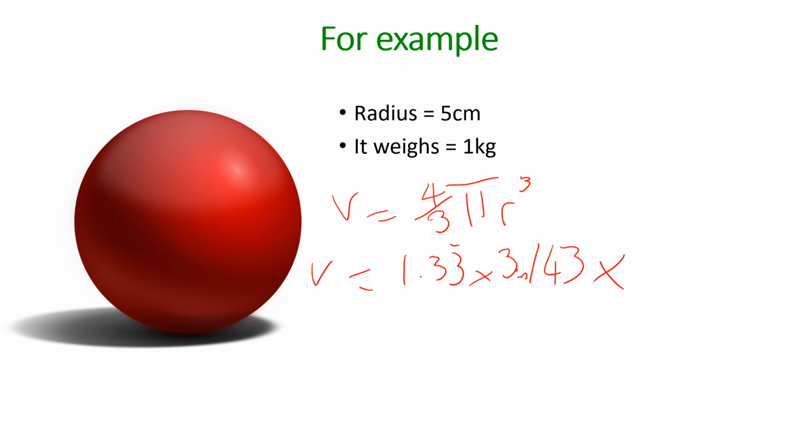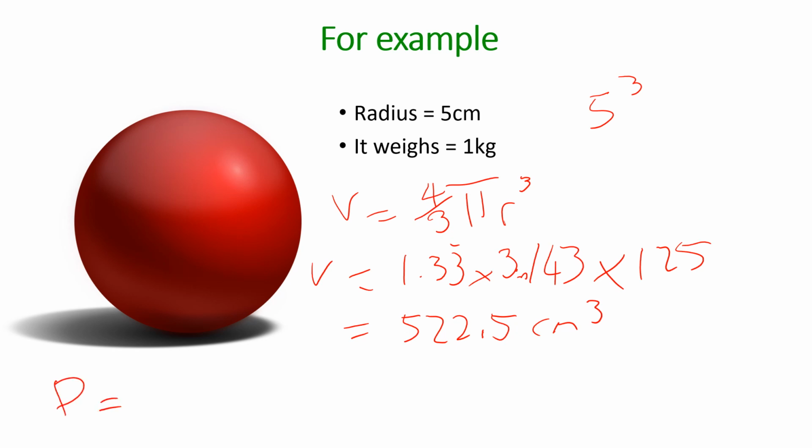And radius is 5, so we go 5 cubed, 5 squared is 25, 25 times another 5 is 125. All right, so on your calculator, 1.33 times 3.143 times 125 equals 522.5 centimetres cubed.